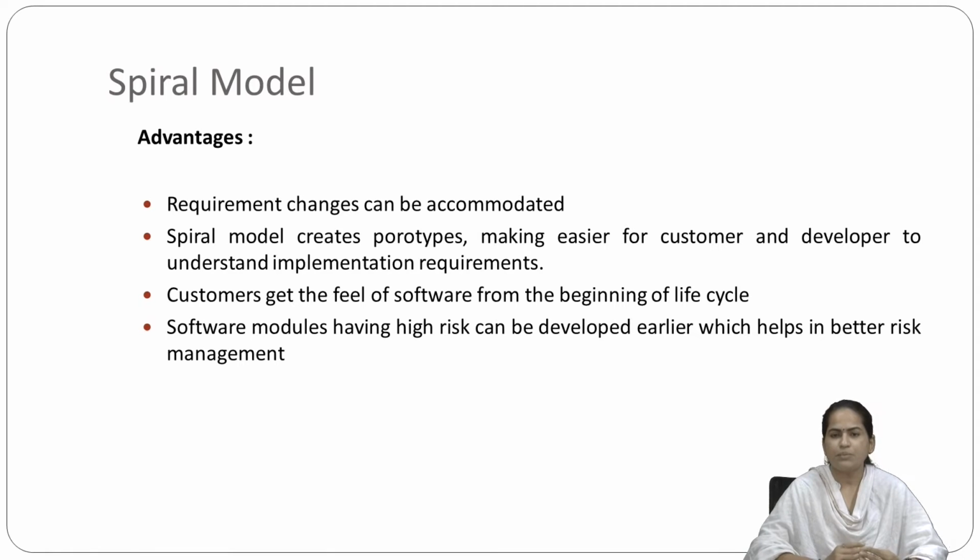It gives the prototype to the customers as well as to the developer, which helps them understand the implementation of requirements. Then the customer gets the feel of the software from the beginning of the life cycle. And software modules having high risk can be developed earlier, which helps in better risk management.